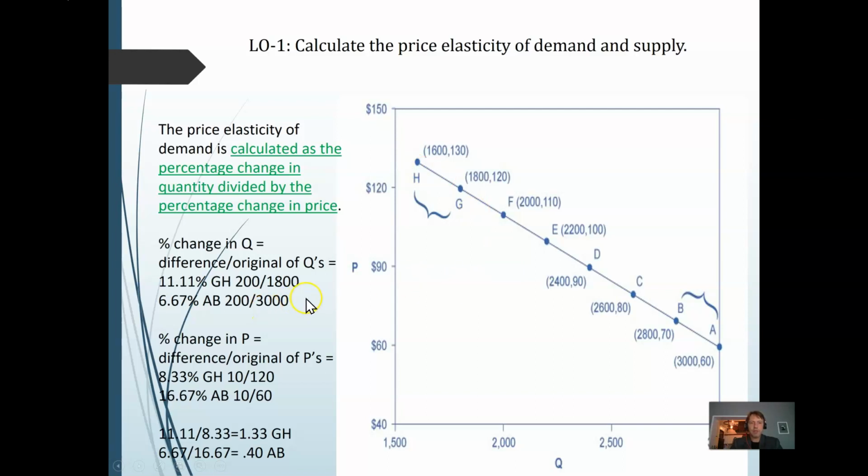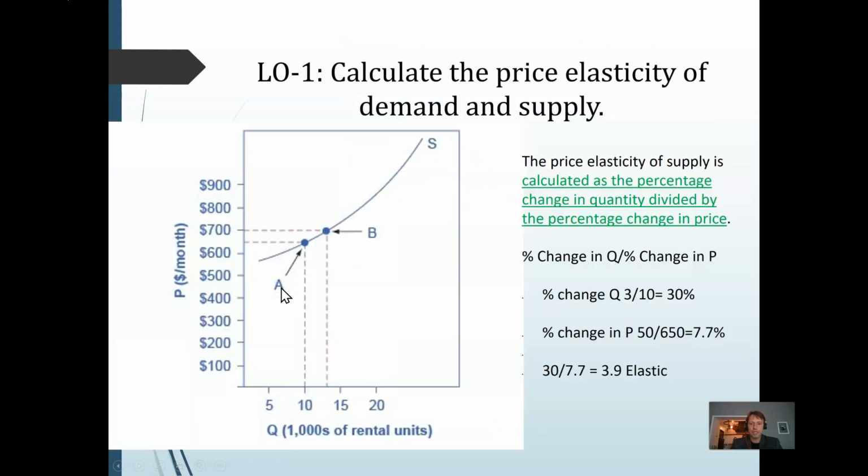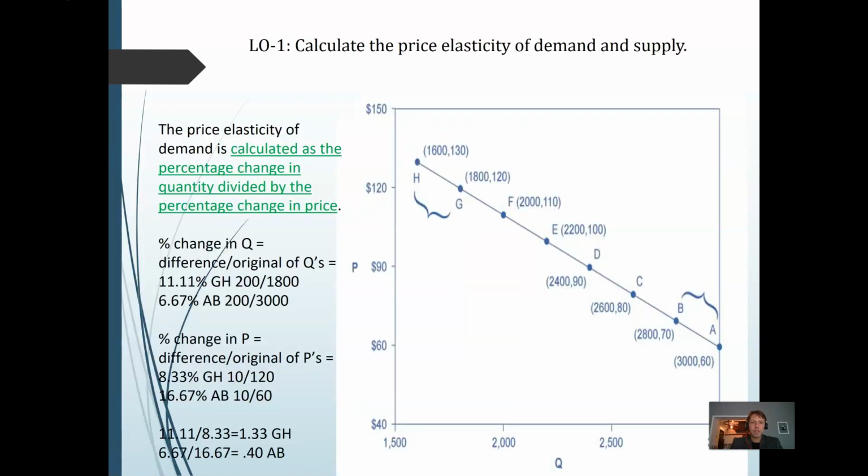And the first thing I have to do is understand the difference. So the difference in the quantity, we went from 1800 to 1600, that's a difference of 200. But we started with 1800, so that's the original amount. Take out your calculators, 200 divided by 1800 is going to give you approximately 11.11% change.